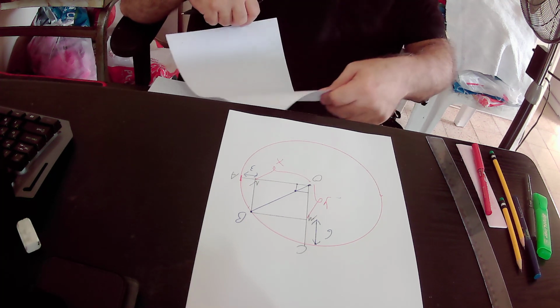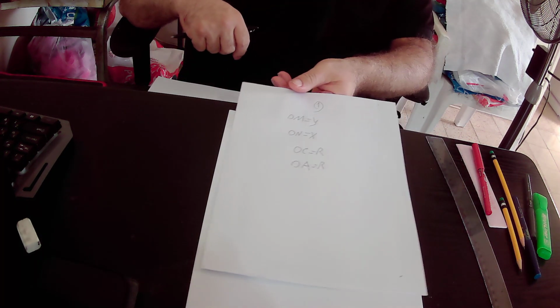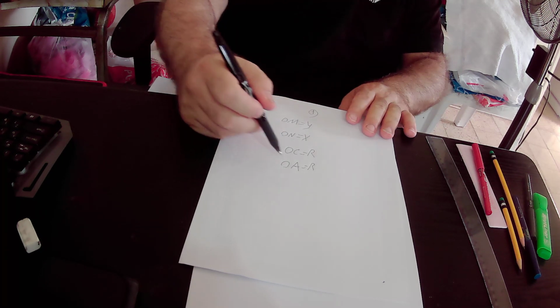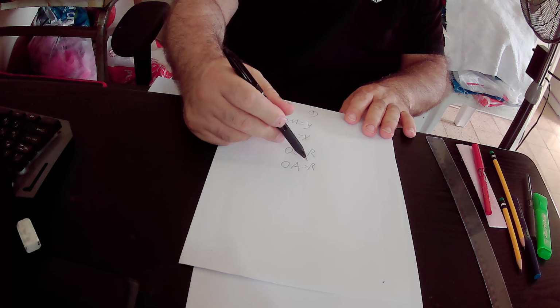So actually both line segments OC and OA are the radiuses of this circle.